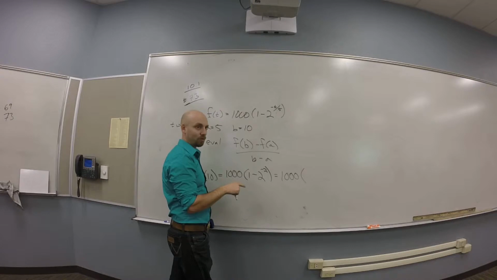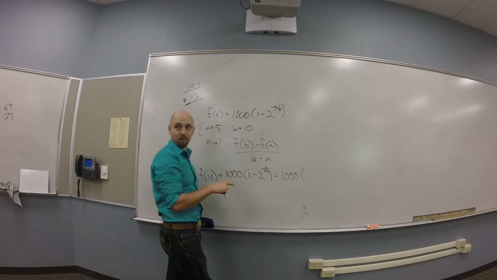You guys remember exponent rules that well? 1 minus 1 quarter because it's negative. Do the rest of you remember exponent rules that well, or do you want to see that?